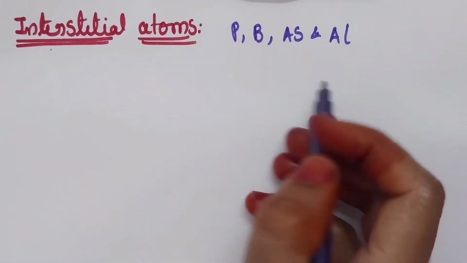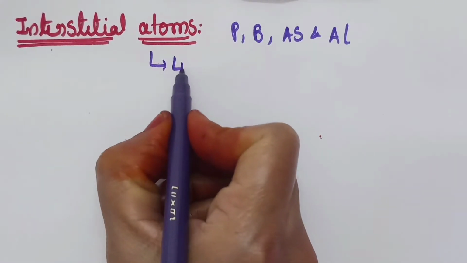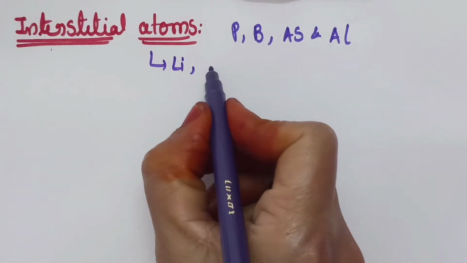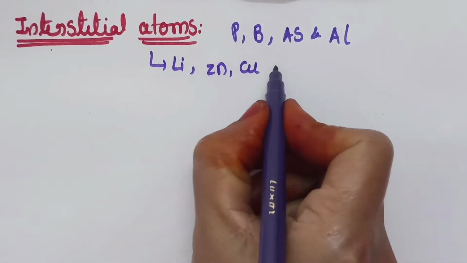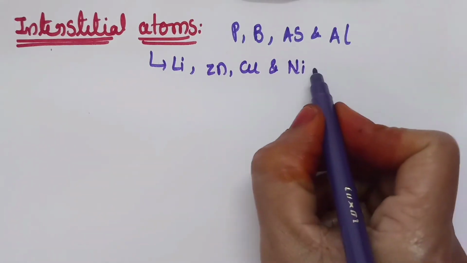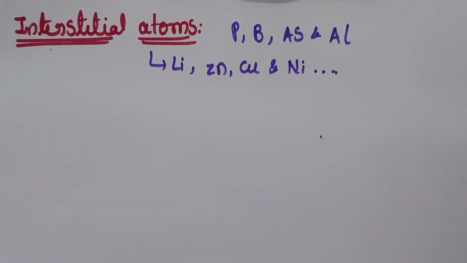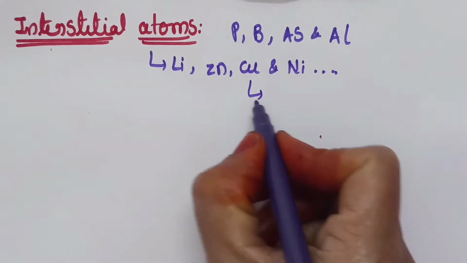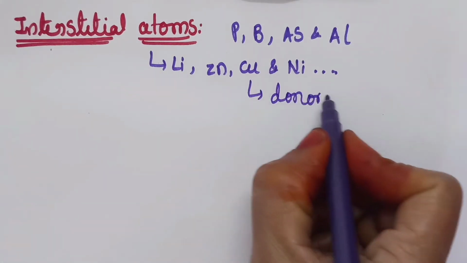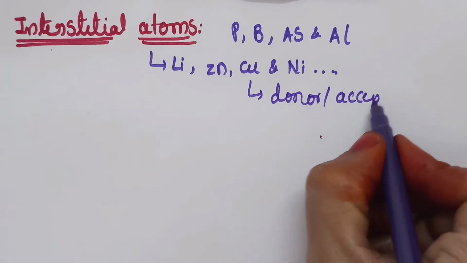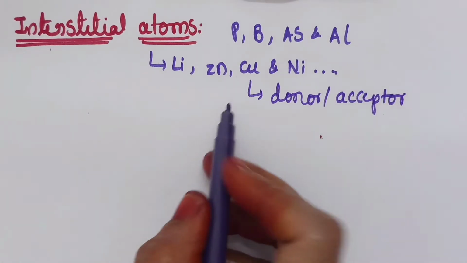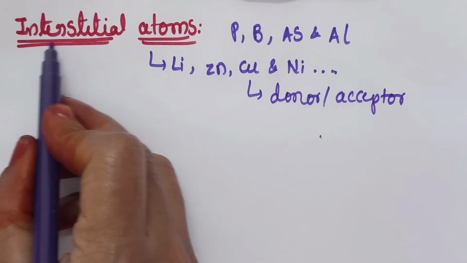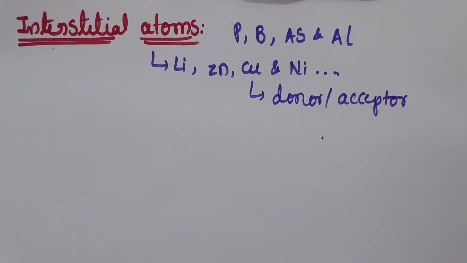Commonly found such undesirable impurities are lithium, zinc, copper and nickel, etc. Sometimes they also act as donor or acceptor atoms. Such atoms are called interstitial atoms. Except copper and nickel, other impurities do not affect much.